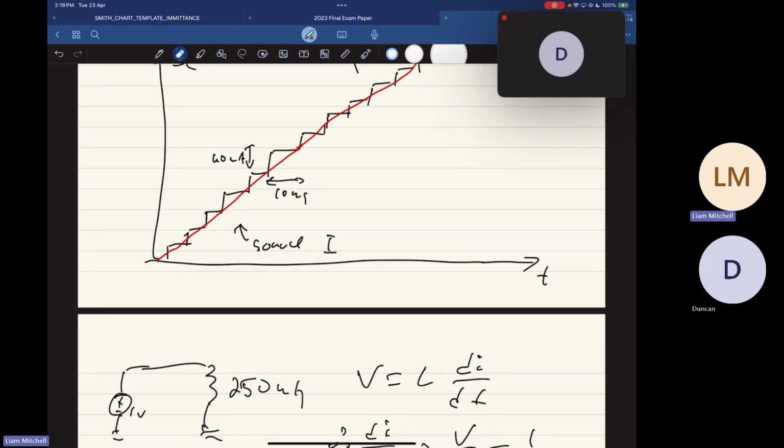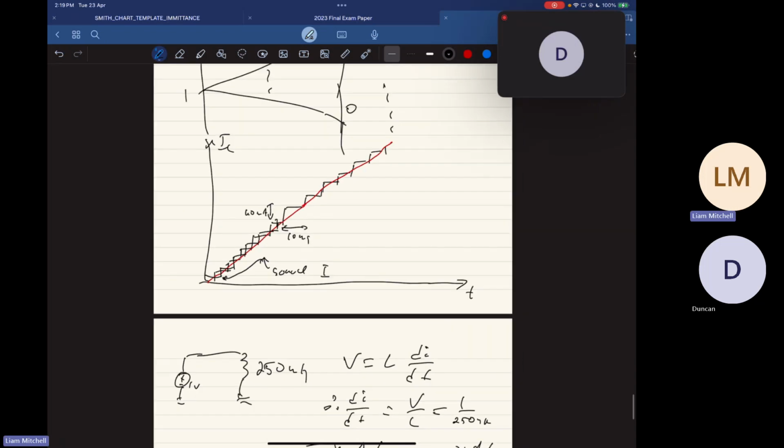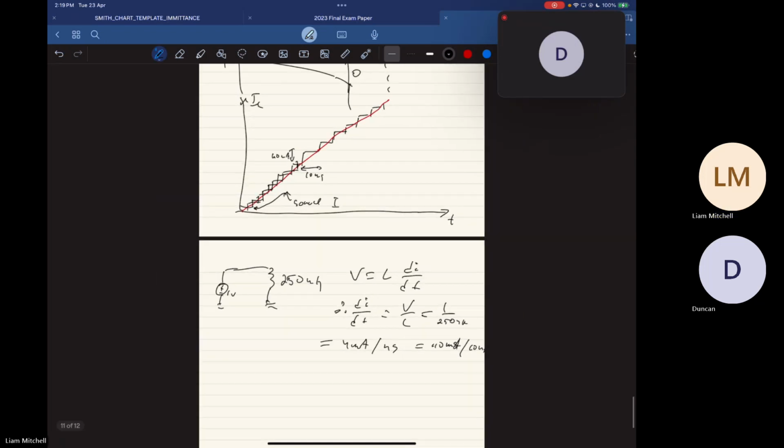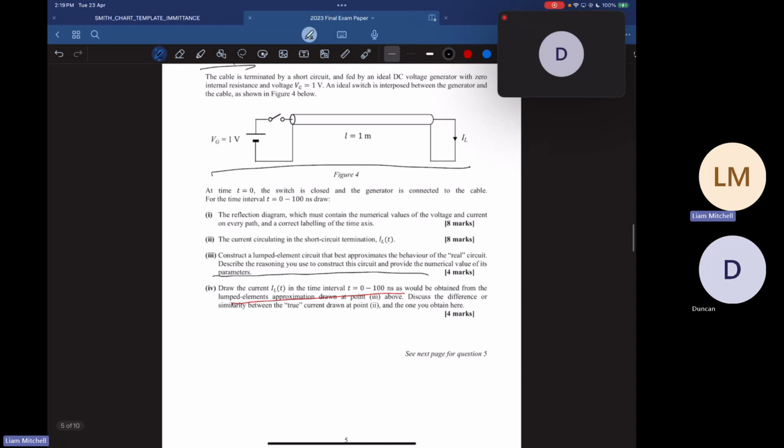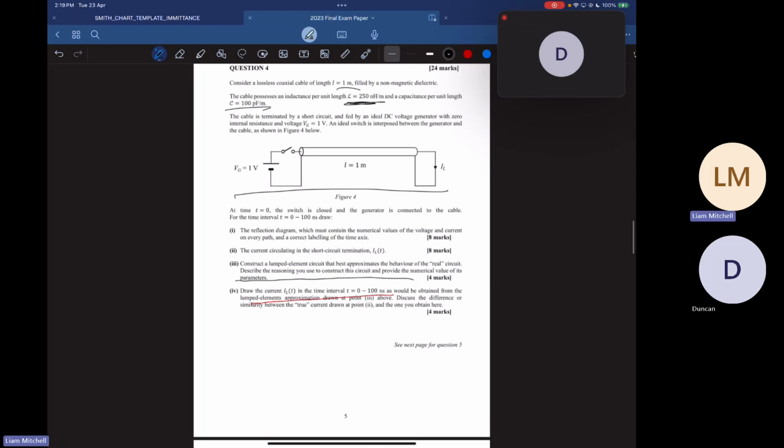It's going to look like this, right? This trace at the bottom. So yes, I think that's it for this question.